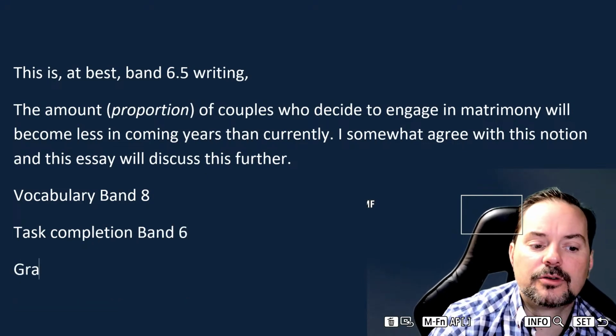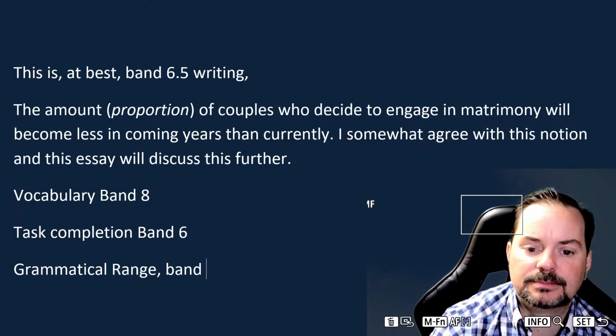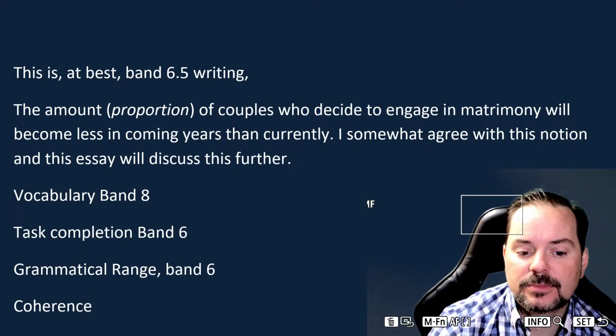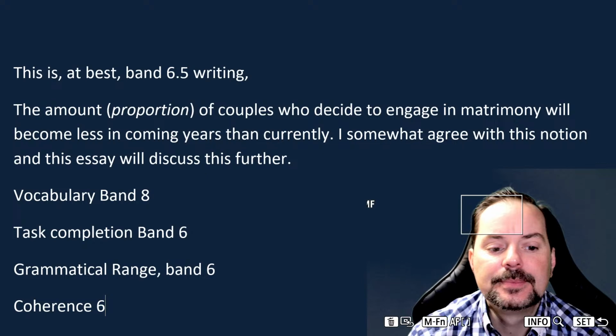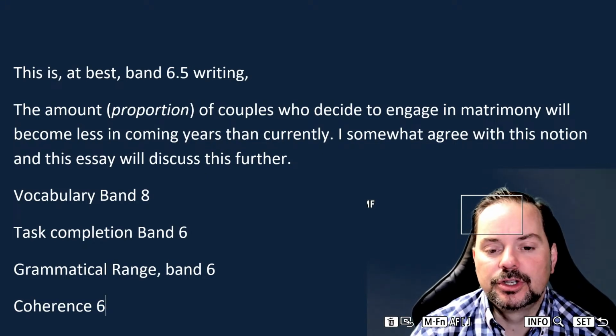Okay, grammatical range is a band 6. Okay, coherence is really just a band 6. It's okay. It's not good. Okay, so you can't write like this. Not at the college or university level.